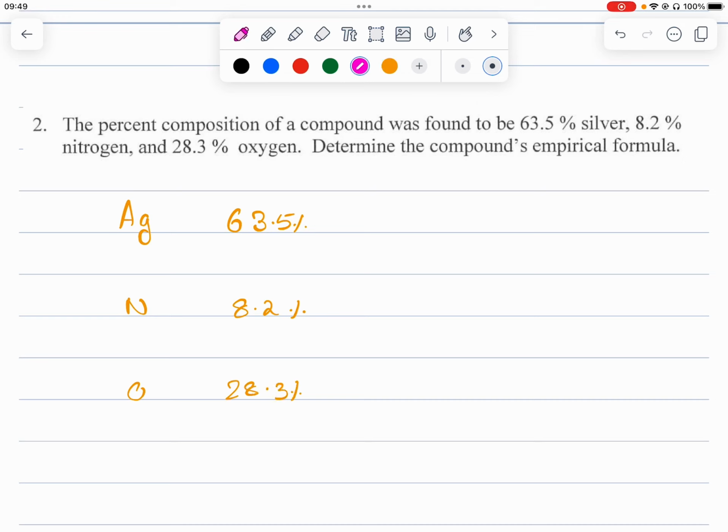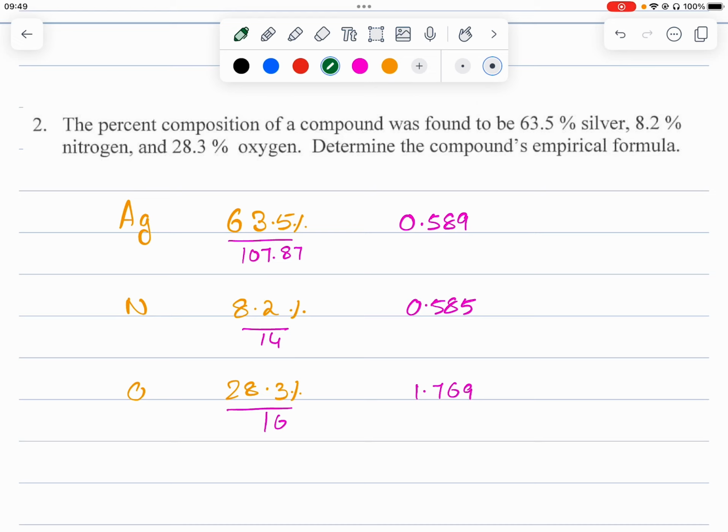So what am I going to do? Divide by the atomic masses. So for silver, when I see from the periodic table, it is 107.7, and for nitrogen it is 14, and for oxygen it is 16. When I divide, I'll get 0.589, 0.585, and 1.769. Now I further divide with the smallest one.